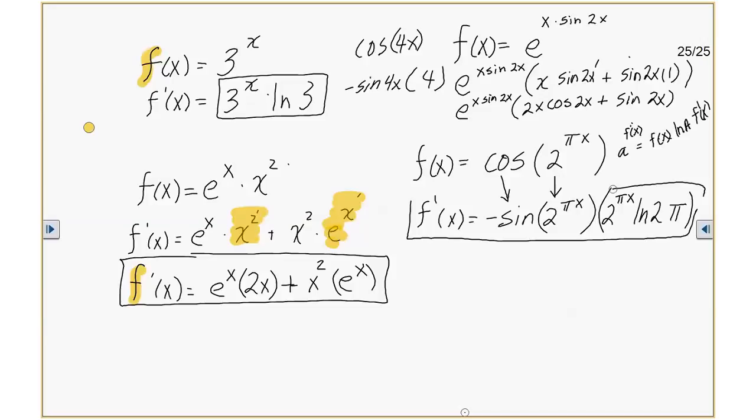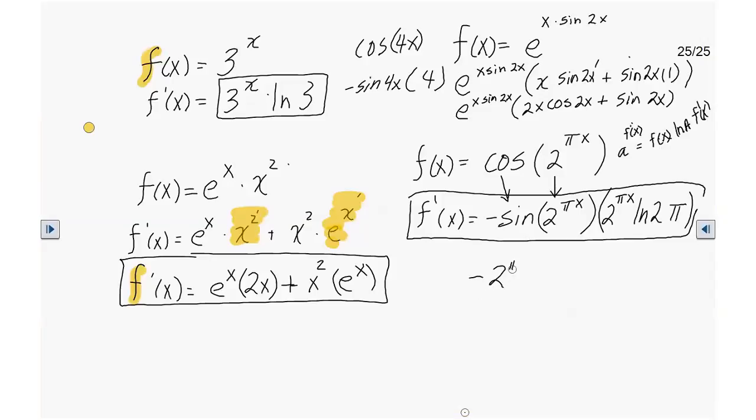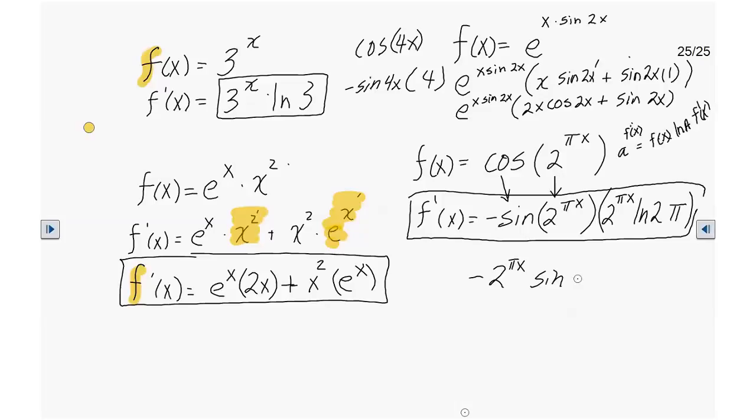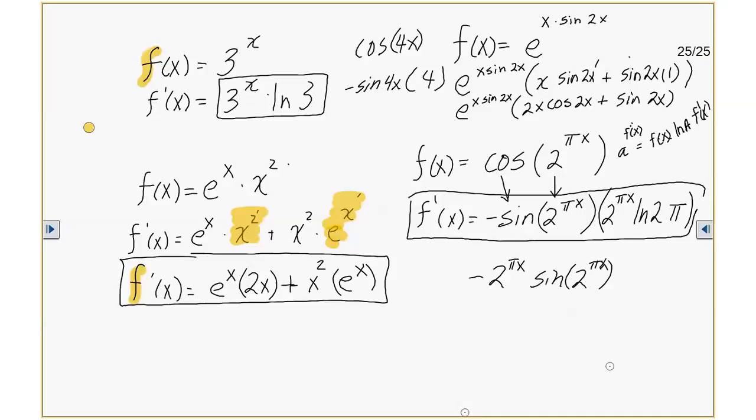The only thing I see you can do is probably pull that 2 pi x out to the front and make negative 2 to the pi x times, and that's going to be negative there, sine of 2 pi x. Of course, that goes with the sine, so you can't do anything with that, times the natural log. I can pull that pi out here, can I? Yes, Hubert. Thank you, class.